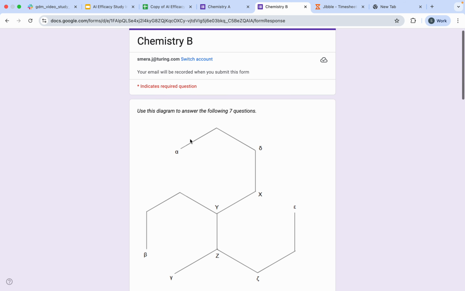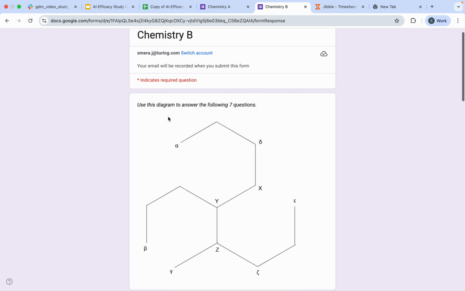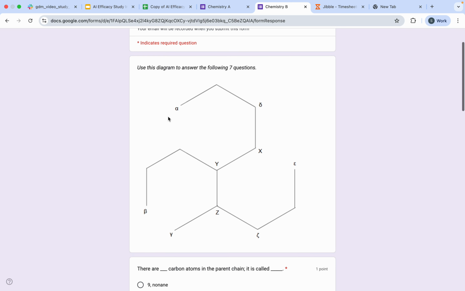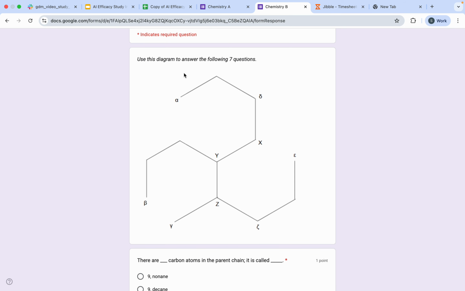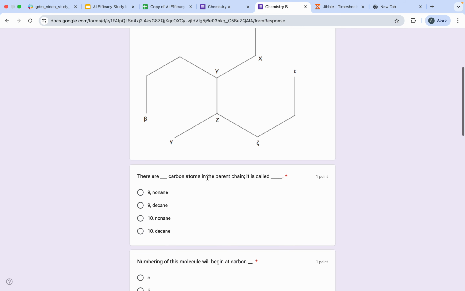So this is my pretest on chemistry B. Okay, so here use this diagram to answer the following questions. So here I can see some lines are connected. So there are dash carbon atoms in the parent chain.